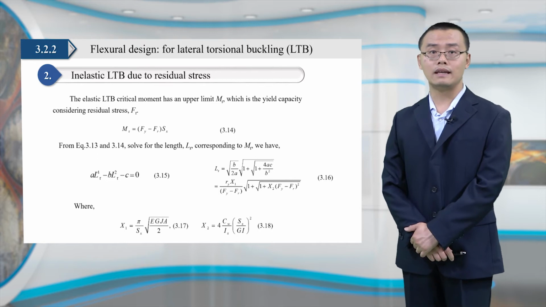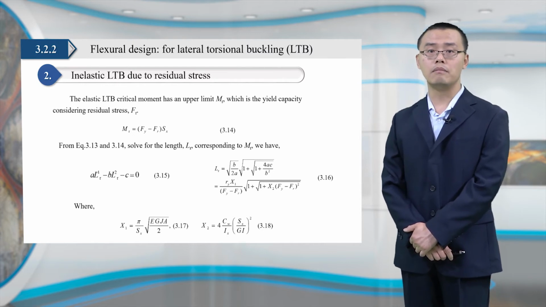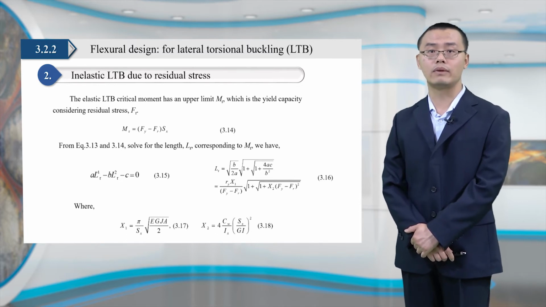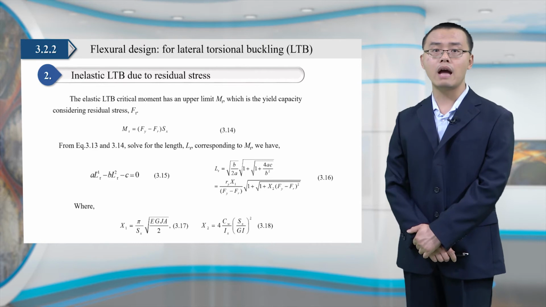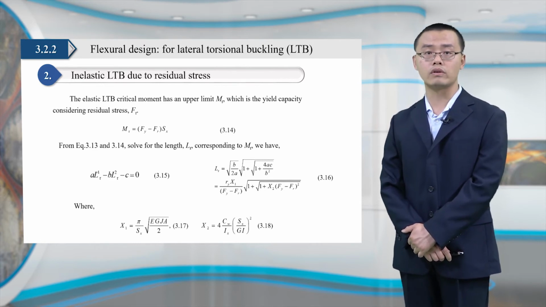The inelastic LTB due to residual stress. The elastic LTB critical moment has an upper limit M_R, which is the yield capacity considering residual stress, F_R, expressed as formula 3.14.